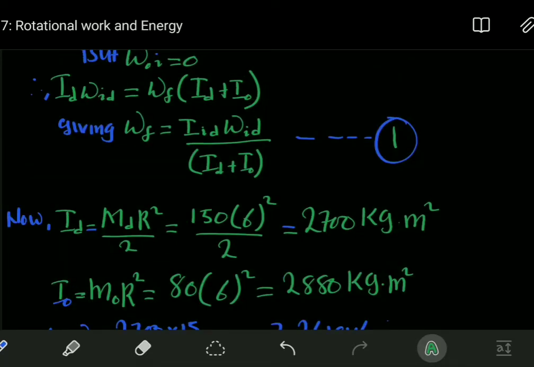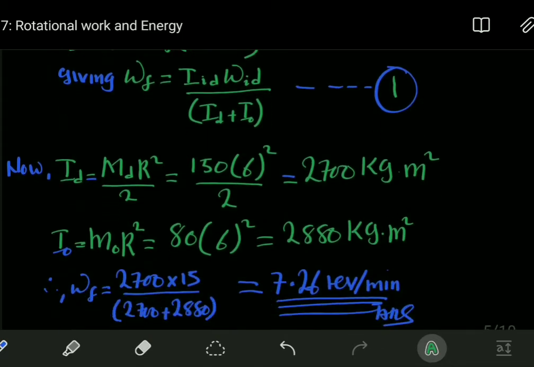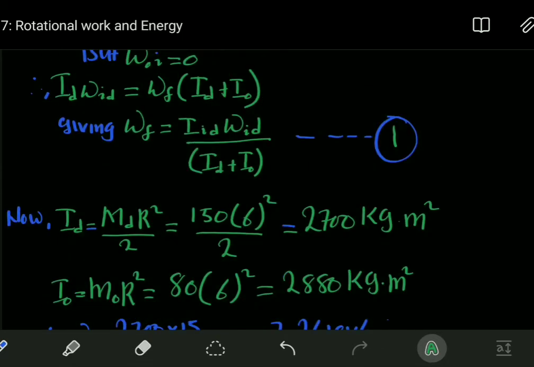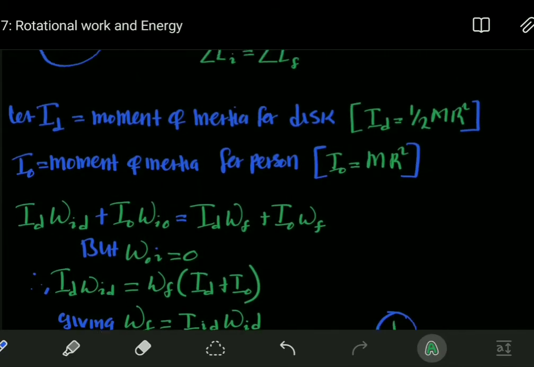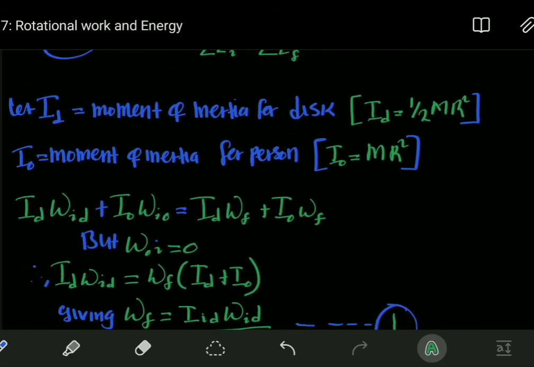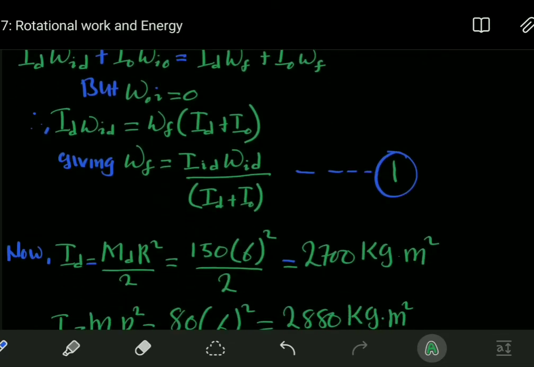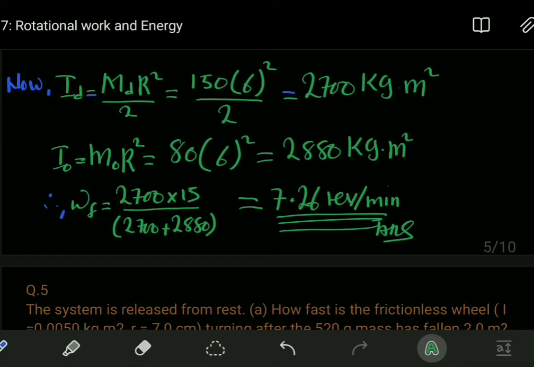We substitute our I_d as well as I naught, and we can simply find our final speed, or rather the speed with which the disk will be rotating, as 7.72 revolutions per minute. Okay, so when this person jumps onto this disk, the speed simply changes from 15 revolutions per minute to 7.26 revolutions per minute. Okay, so this is the final speed of this disk.